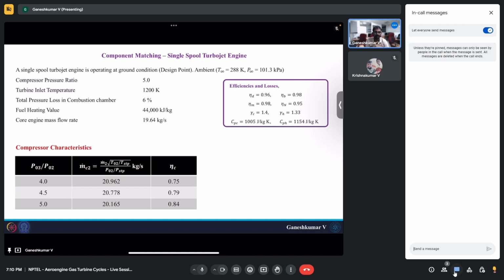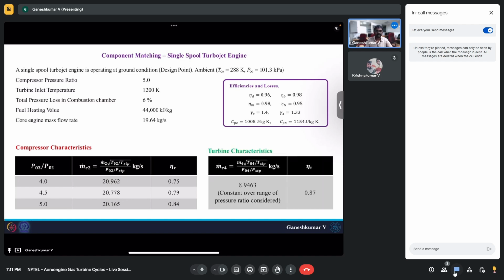We have also seen this kind of compressor map and turbine map in our lectures, so I strongly advise you to take a look at the lectures. In the compressor characteristic map, I have three pressure ratios. 5 is the design point, and 4.5 and 4 are also there, and corresponding mass flow rates and efficiencies are given.